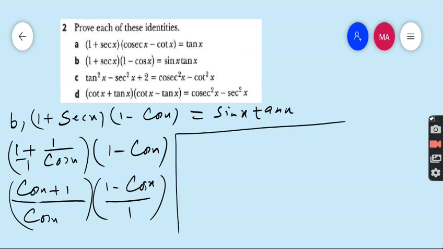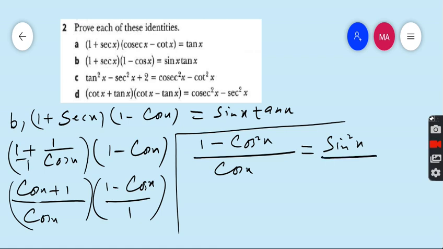Multiply numerator by numerator. Again we have a situation of (a plus b)(a minus b), which is equal to a square minus b square. Therefore 1 square is 1, and cos x square is cos square x, upon cos x into 1, which is cos x. 1 minus cos square x is sin square x upon cos x.